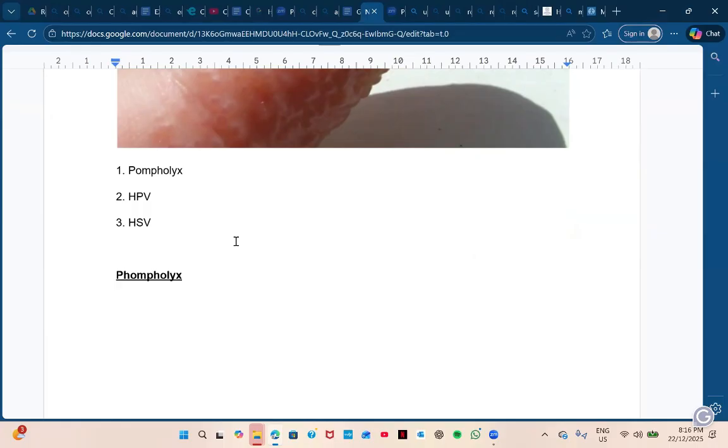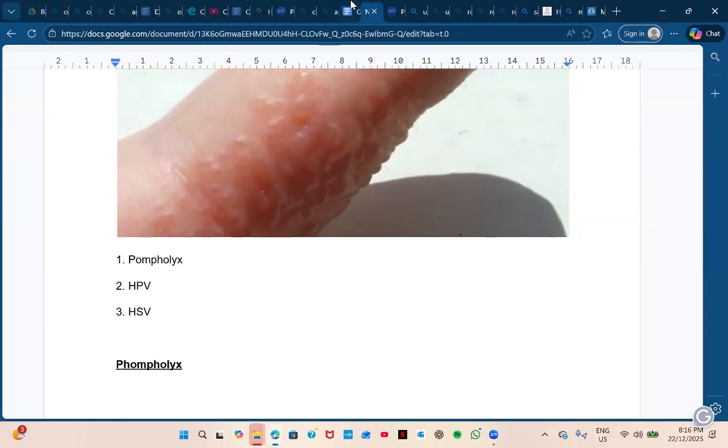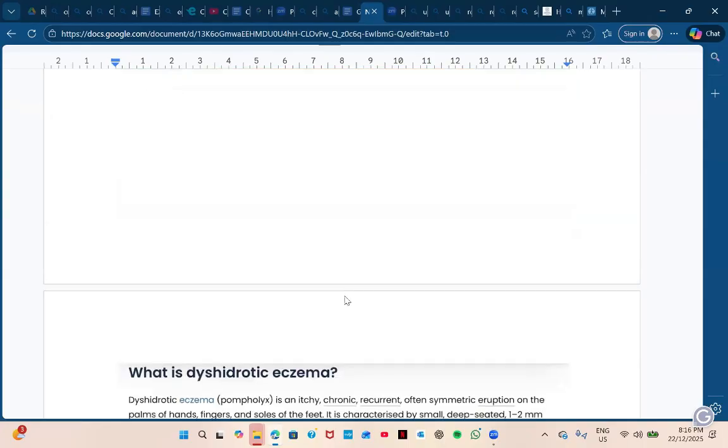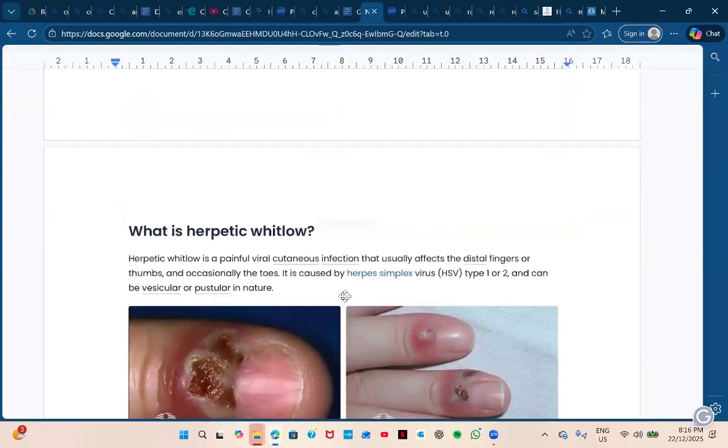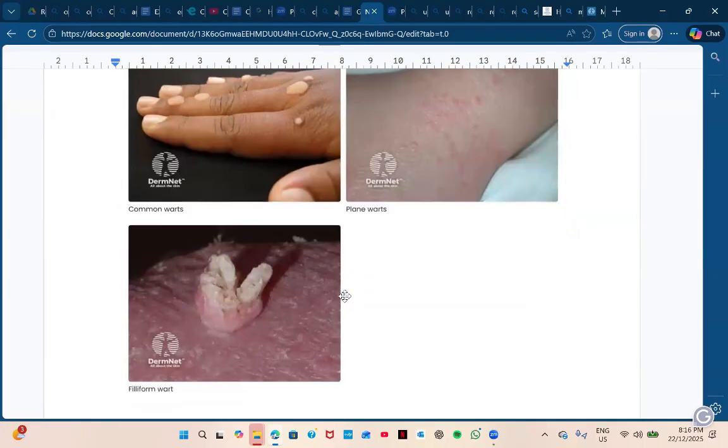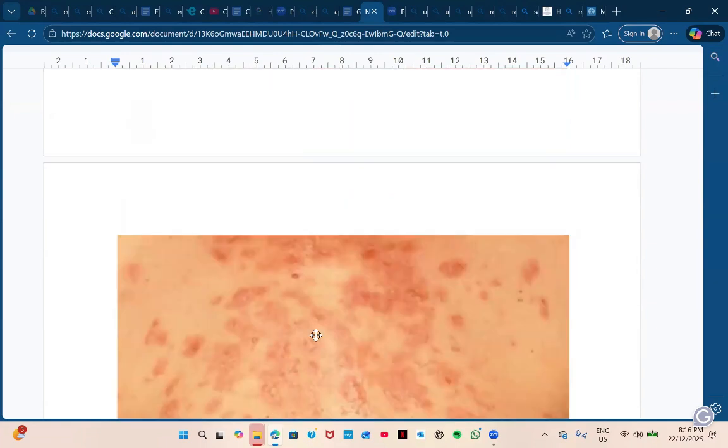And molluscum contagiosum, we already discussed: umbilicated, dome-shaped papules. Then HPV is different: cauliflower shape.